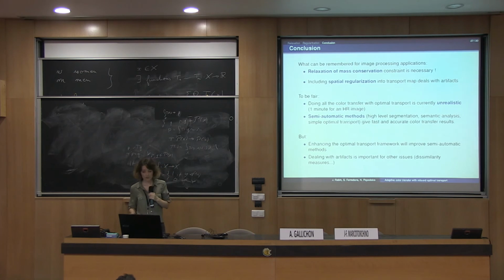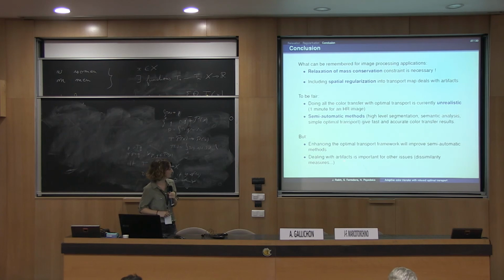So, to conclude, in image processing problems, the relaxation is necessary to make it reasonable, let's say. Spatial regularization is also important to deal with artifacts. It's true that it is still computationally very expensive to develop this kind of algorithm, and it could be improved maybe by introducing some kind of semi-automatic methods.